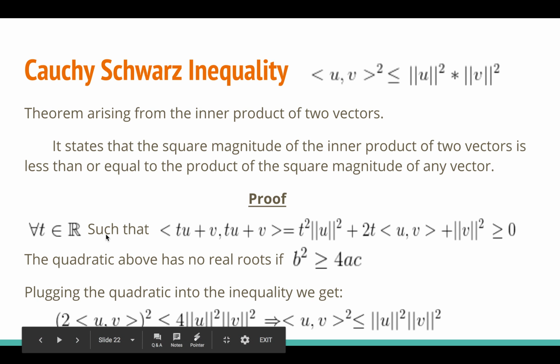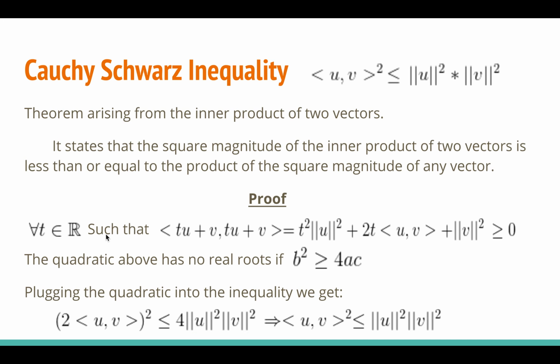So basically it says that for any t within the real numbers, the inner product of tu plus v with itself is equal to t squared times the magnitude of u squared, plus 2t times the inner product of u, v, plus the magnitude of v squared, which is greater than or equal to 0. Then the quadratic has no real roots if it doesn't satisfy b squared greater than or equal to 4ac.